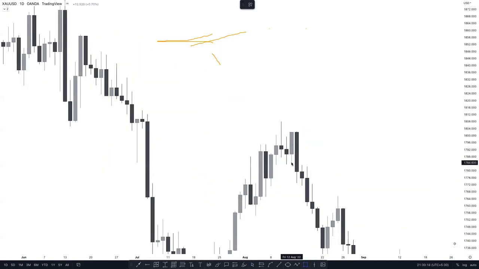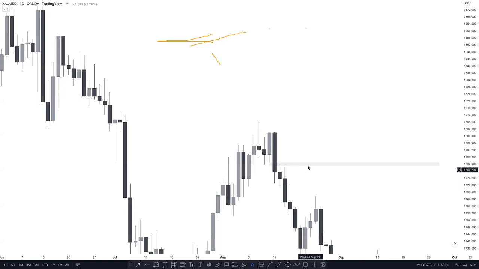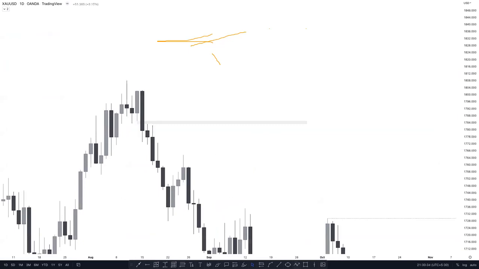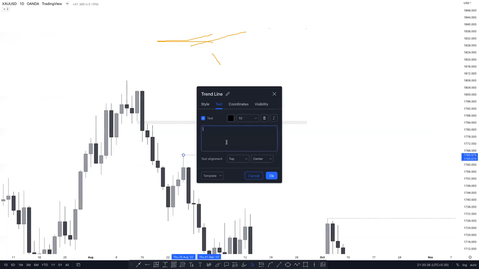In this case, some minor imbalances here possibly. So this will be our engineered liquidity.